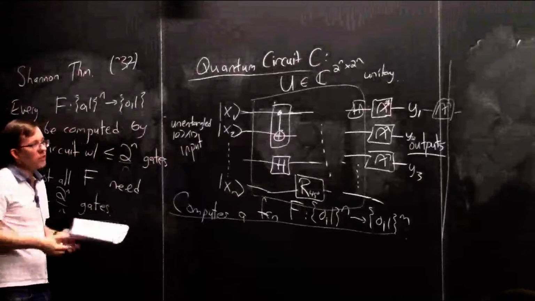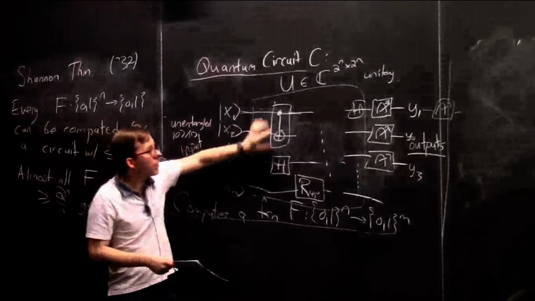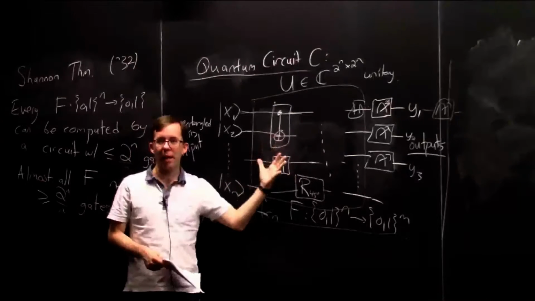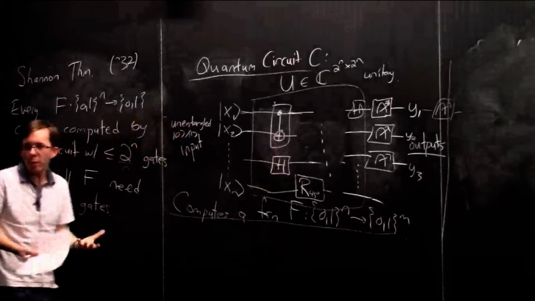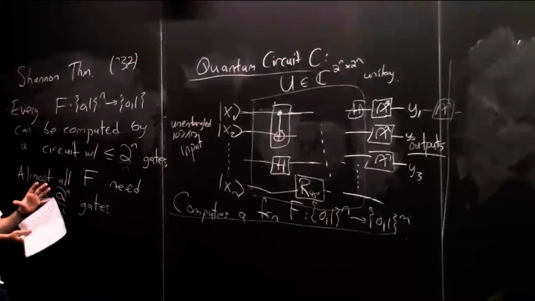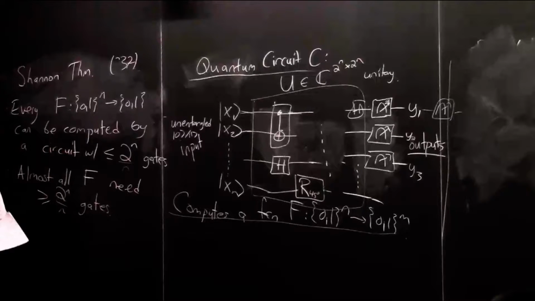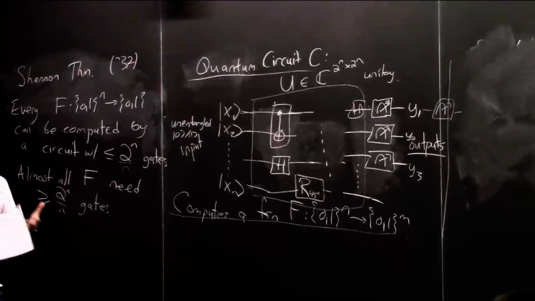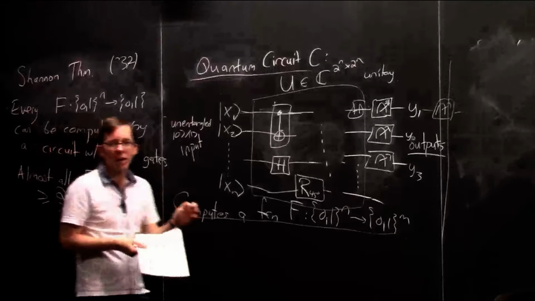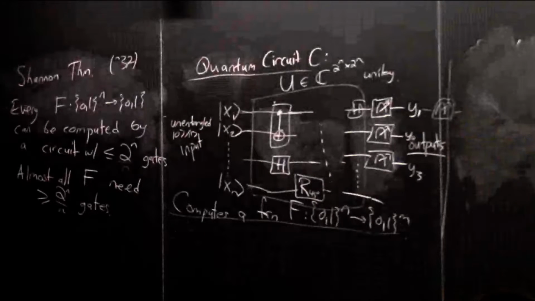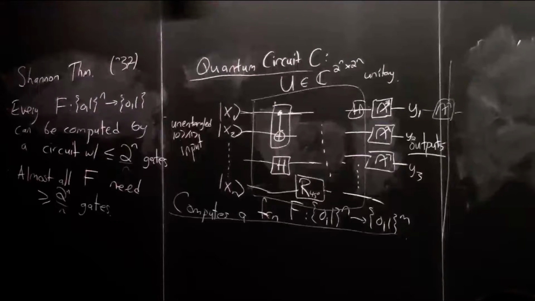But the measure of efficiency is how many little 1 and 2 qubit gates, like C naughts and 1 qubit gates, you need to build up this one massive unitary. Just in the same way with AND or NOT gates. I mean, the big circuit, you can think of it as one gigantic gate that has n inputs, but that's not fair, right? You measure it in terms of how many little AND or NOT gates you need to build it.